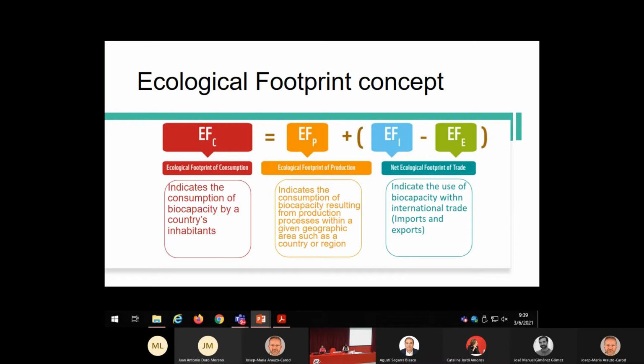Well, as you can see in the image, the ecological footprint of consumption, which is the one that I'm going to use, indicates the consumption of biocapacity of a country's inhabitants. This is calculated with the ecological footprint of production, which is the consumption of biocapacity resulting from production processes within the countries, plus the imports minus the exports. And we call that the net ecological footprint of trade.